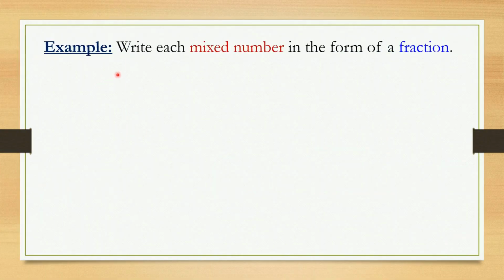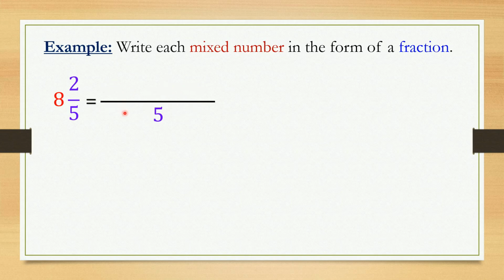Now examples. Write each mixed number in the form of a fraction. We have this mixed number 8 2 over 5. So first we copy the same denominator. Here we draw a long line. It's the over, because here we need to calculate the numerator.